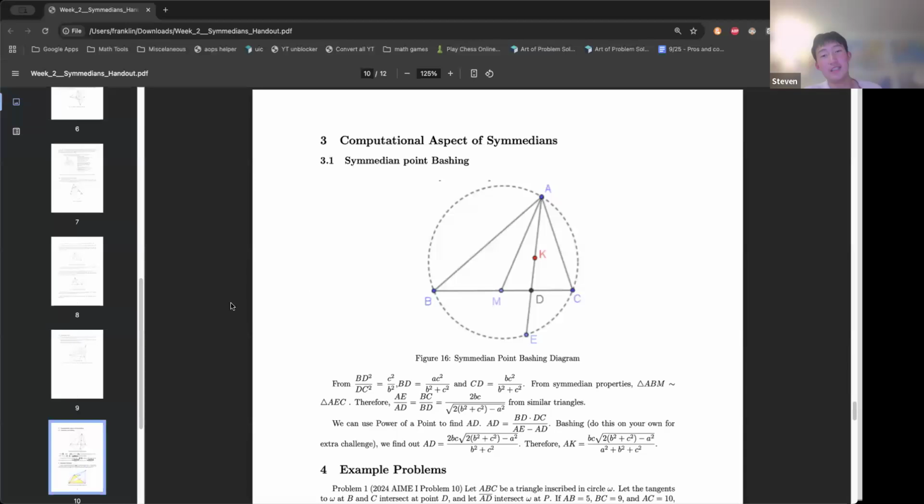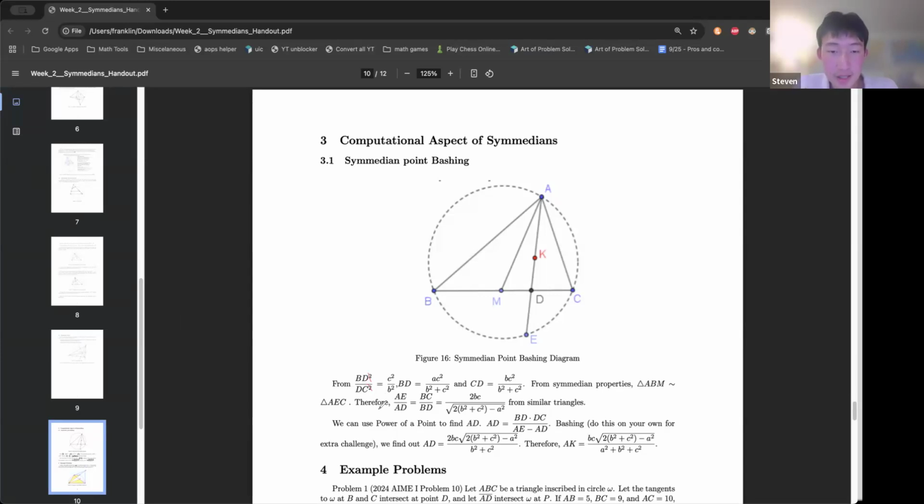Assume we know all three side lengths of triangle ABC. Construct the midpoint, where the A-median hits BC, and call that point D. Introduce the symmedian point K and the point E, where the A-symmedian hits the circumcircle of ABC.